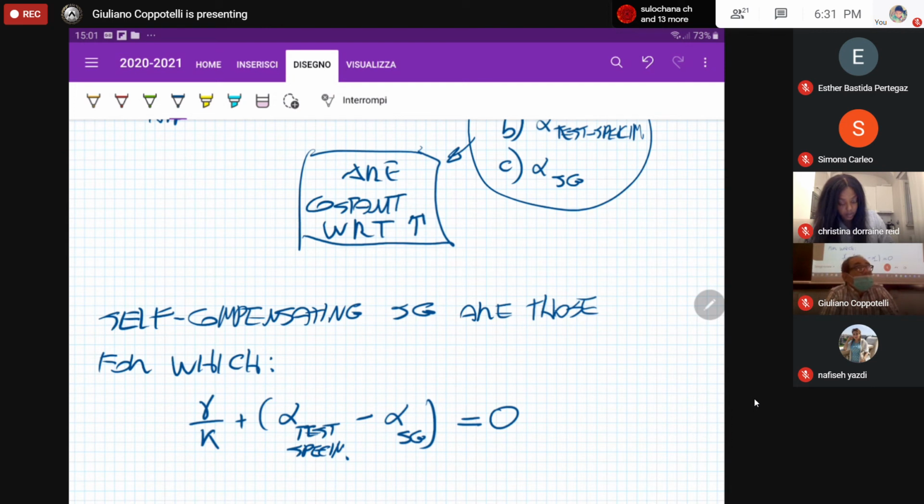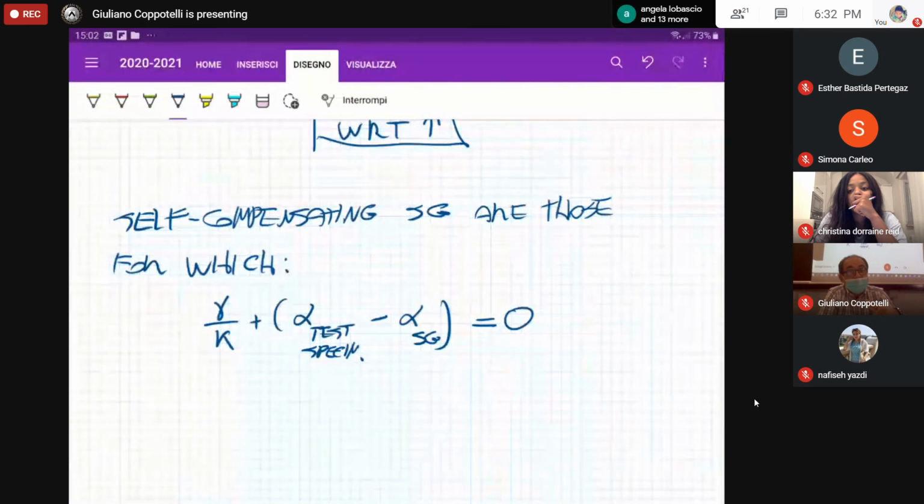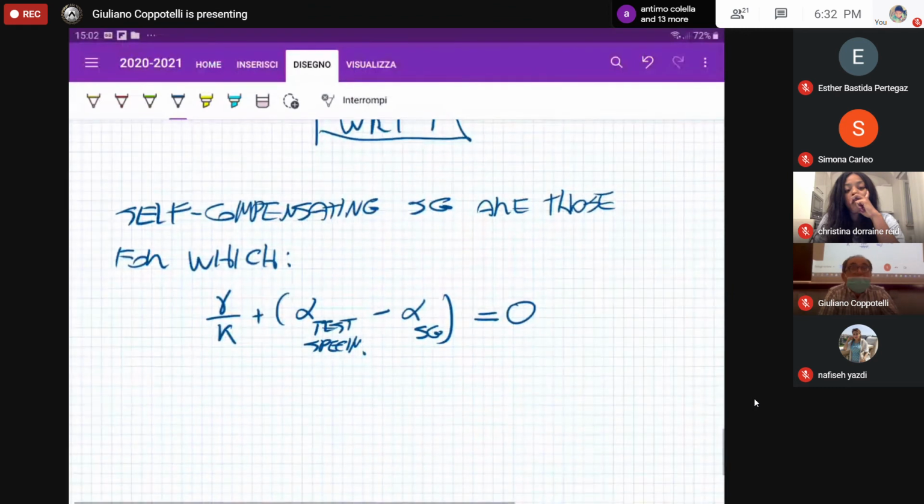So that I can design, or better, I can use different materials and different combinations between the material used to manufacture the strain gauge and the material of the test specimen, so that that equation is satisfied. That is, there is no need of taking into account the temperature effect in your strain gauge measurement.